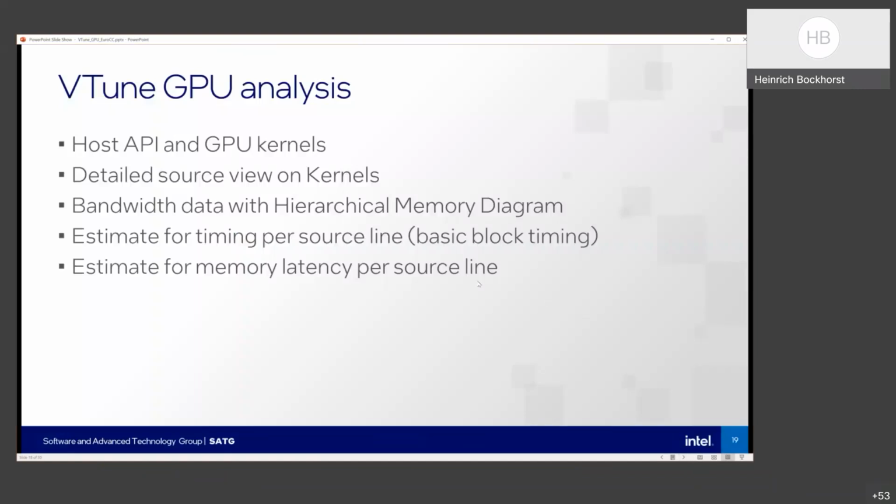So what does the vTune GPU analysis do? It shows the host API and the GPU kernels, and it has a detailed source view of kernels. It tries to get the timing per source line, but this is even more complicated, I guess, than doing this for CPUs. So it's basically a basic block analysis.